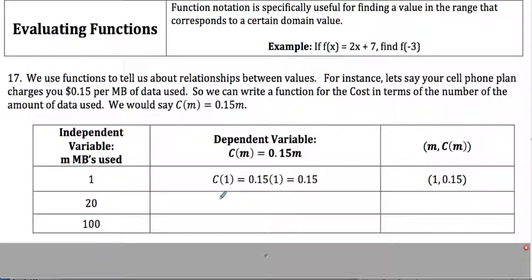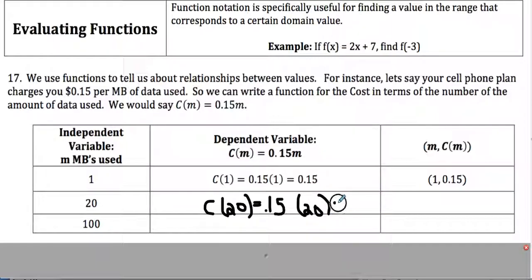Let's go ahead and do the other two, C of 20. Feel free to do this faster and on your own. We're just going to substitute, instead of 1 now, we're substituting in 20 because we want to find out how much 20 megabytes of data is going to cost.